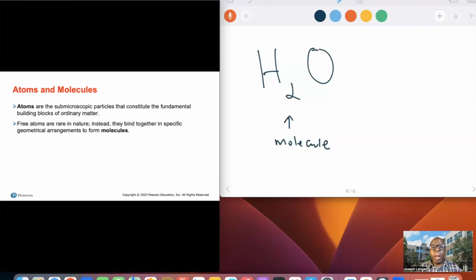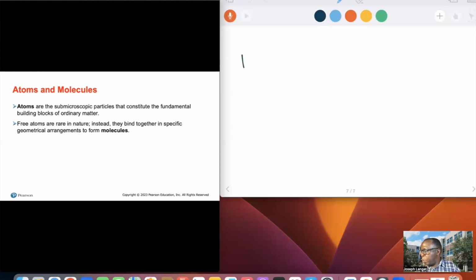And when we say molecules, we refer strictly to those compounds made up of non-metal plus non-metal, two non-metals. But for a metal and a non-metal, we call this an ionic compound.